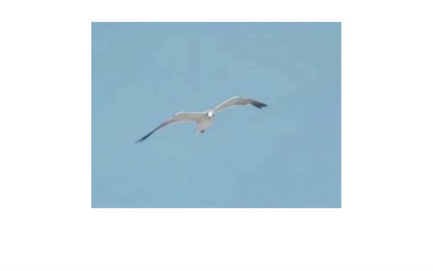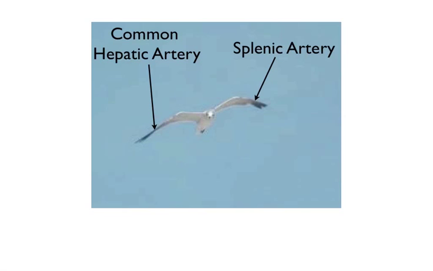Let's look here, and we see a seagull. Easy. Now what about a seagull's anatomy? There's the seagull's common hepatic artery, and on the opposite side, there's the seagull's splenic artery. Okay, why do we care?